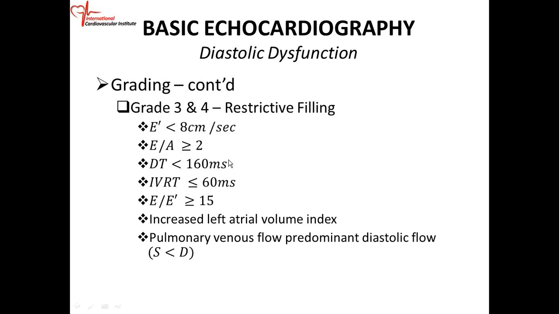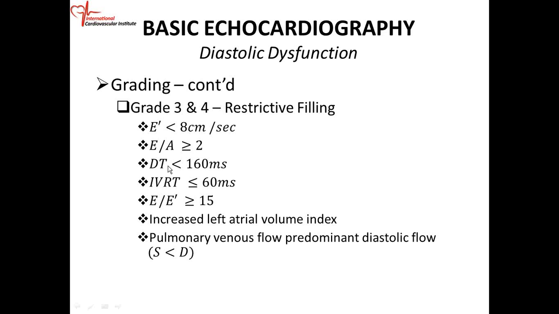In restrictive filling, the E is usually very, very large, the A is usually tiny, and we talk about the E to A ratio, E to A ratio greater than or equal to 2. So the E is usually very, very tall, and the A is tiny.